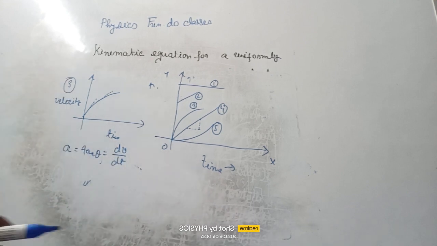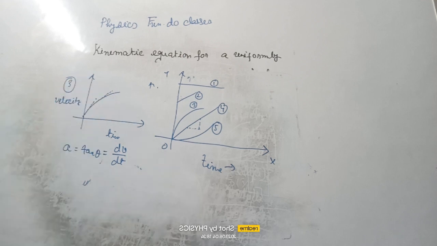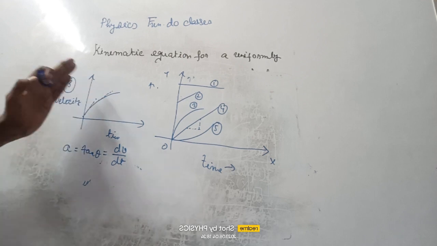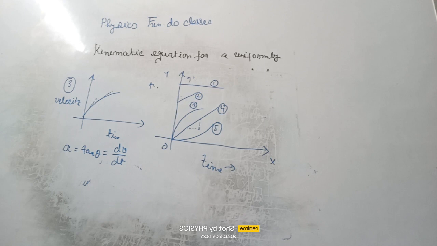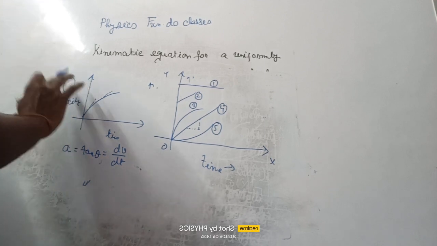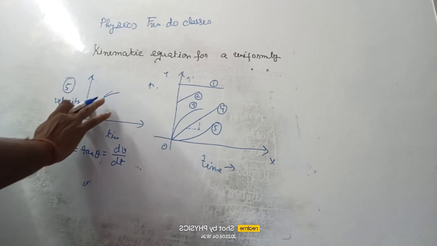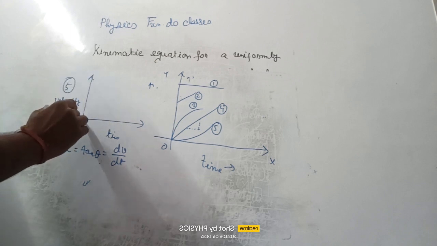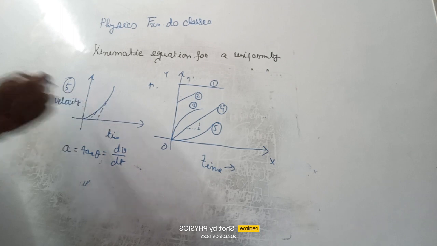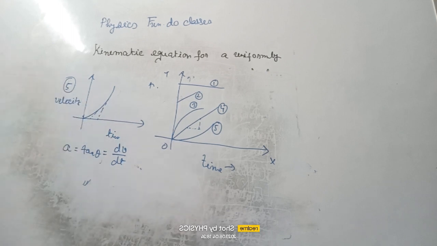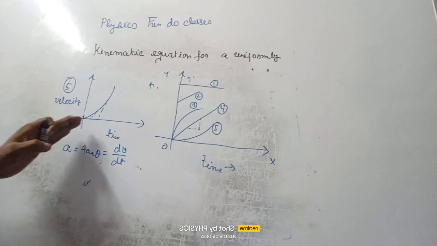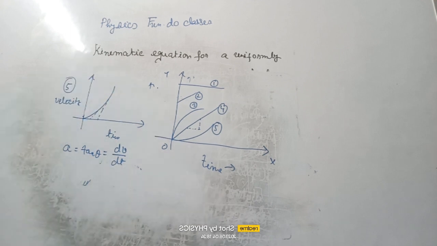It is a non-uniform acceleration and its acceleration is continuously decreasing. But for the fifth graph, we see that its slope is continuously increasing. So its acceleration is continuously increasing.